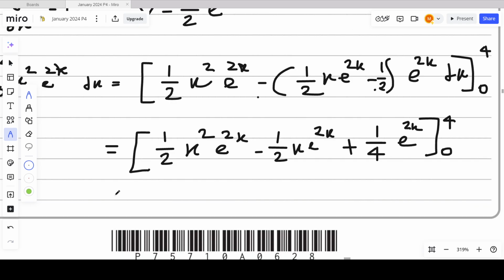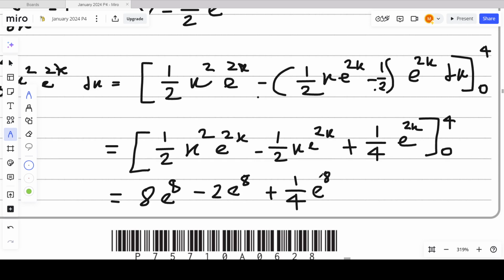We are done with the integration. Now just substitute the limits. At first, 4 squared is 16, so 16 over 2 is 8, giving 8 e to the power 8, minus 2 e to the power 8, and then plus 1 over 4 e to the power 8.